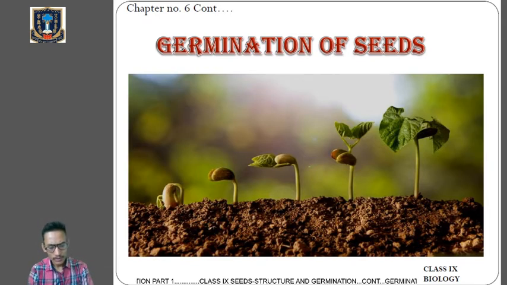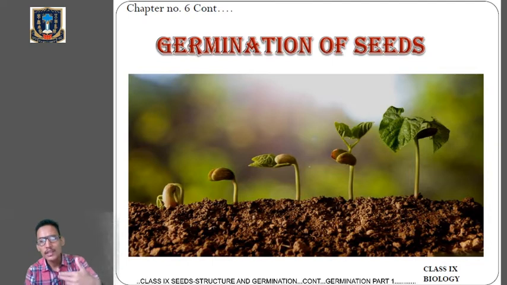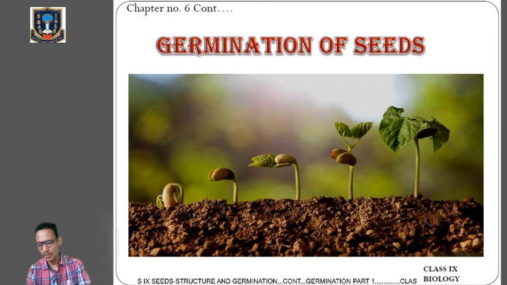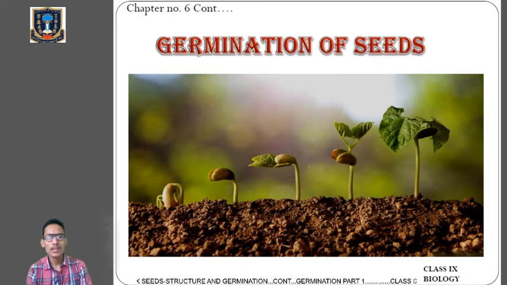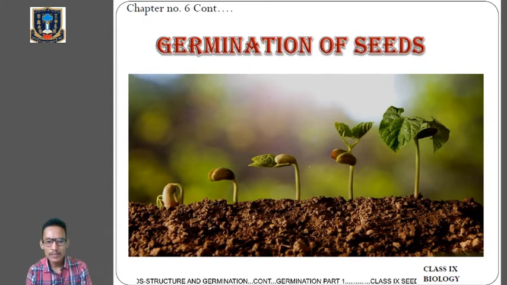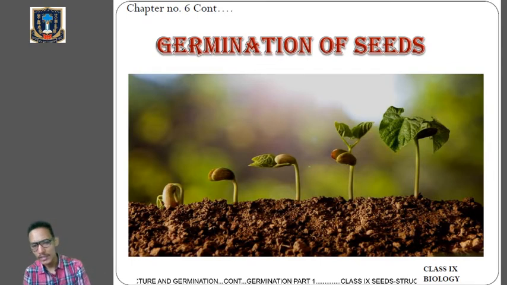Whenever dormant seeds become active in favorable climatic conditions and start growing to form a seedling, we call it germination. Today we'll discuss the definition of germination, the conditions for germination, the experiments to prove those necessary conditions, and the types of germination.